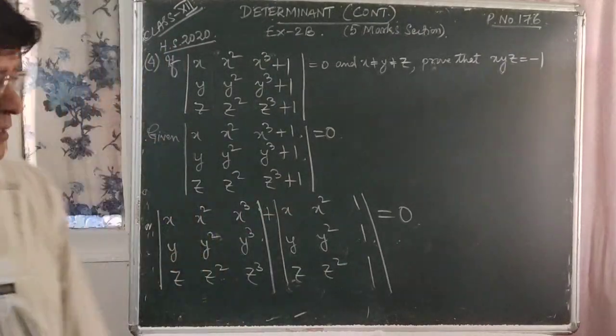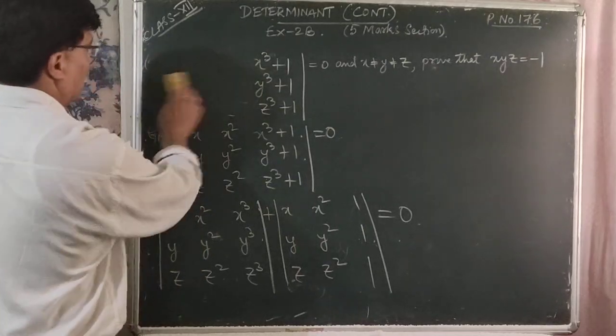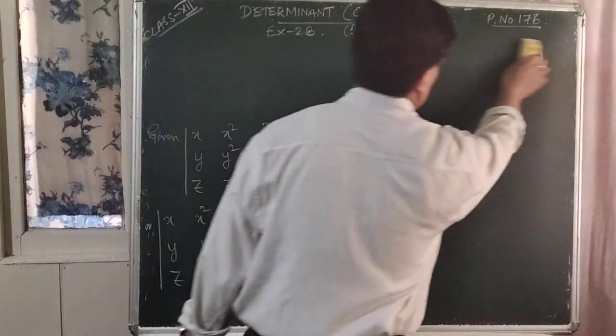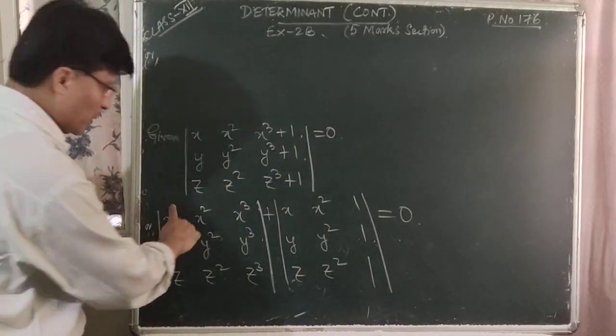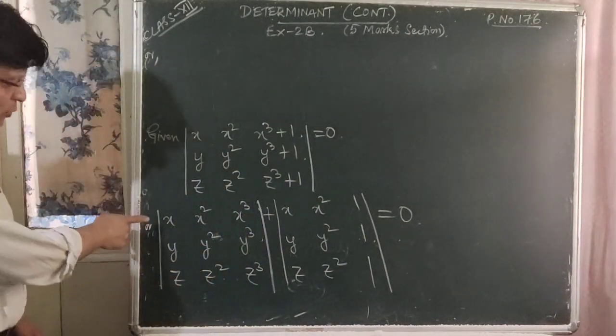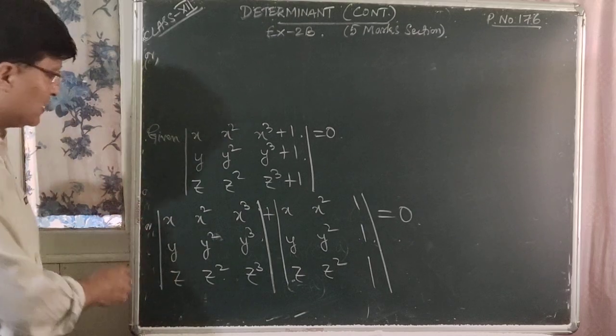Now let us simplify it, or you can take common here. From the first row, what is common? x, second row y, third row z.